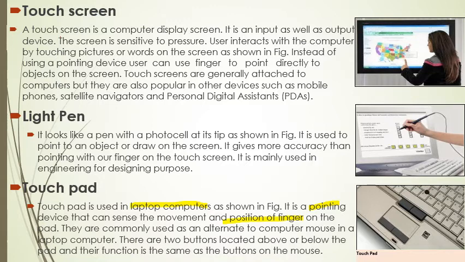It is the same as when you utilize your mouse: your finger moves on this touchpad, so the cursor moves on your screen. And we have two buttons there for left click and right click.